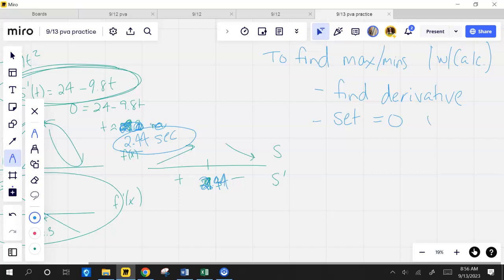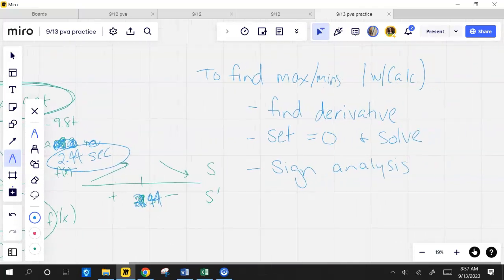Set it equal to 0 and solve. And then do a sign analysis. I think the sign analysis will help you more than anything else. Let me run through one start to finish with the sign analysis and show you what it does.